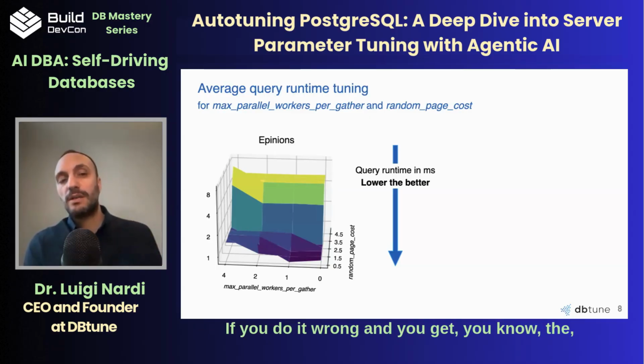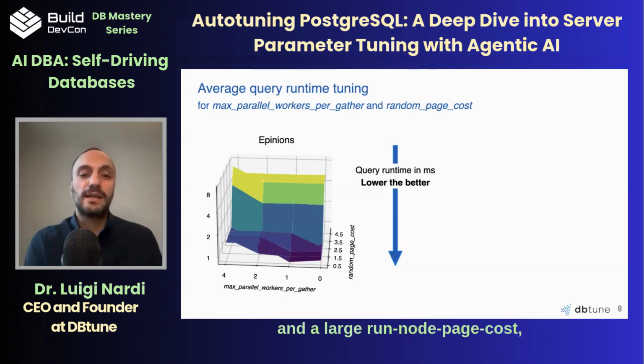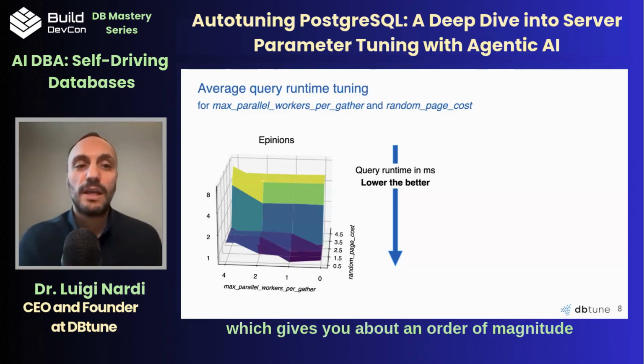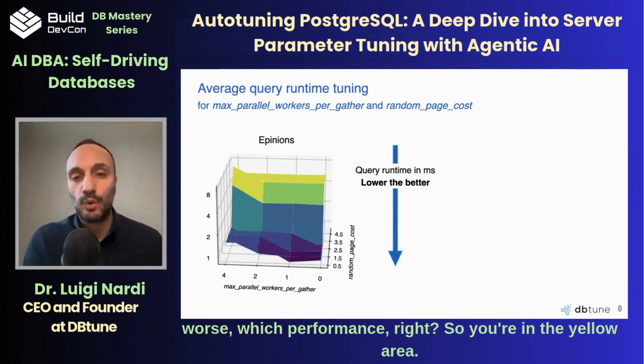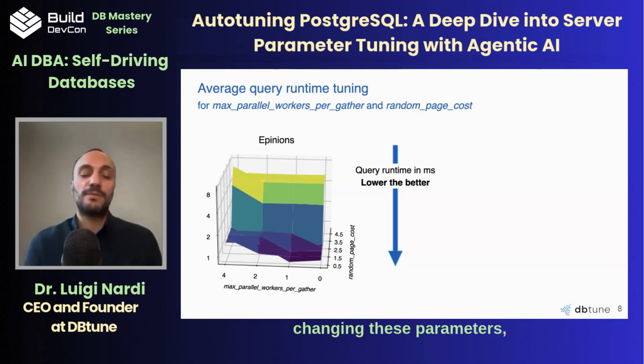If you do it wrong and you get a large max parallel workers per gather, for example, and a large random page cost, you will get into the yellow area, which gives you about an order of magnitude worse performance, right? So an order of magnitude worse performance by just changing these parameters, it's very substantial.